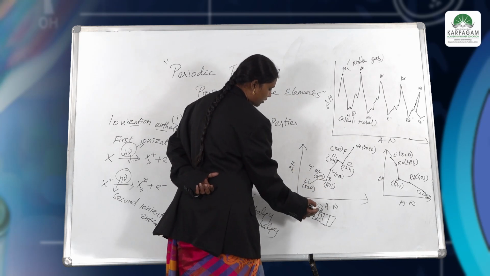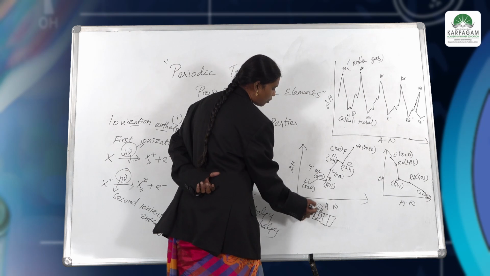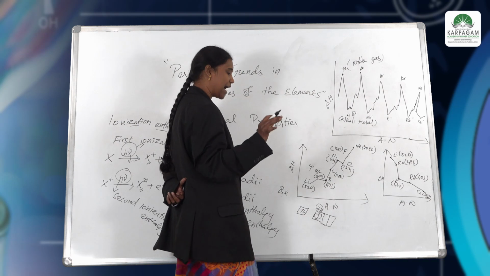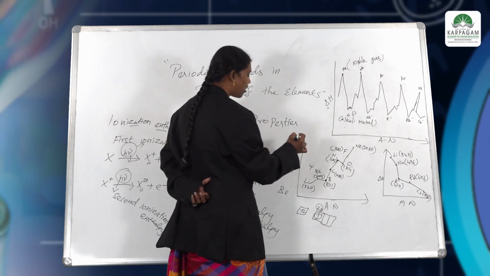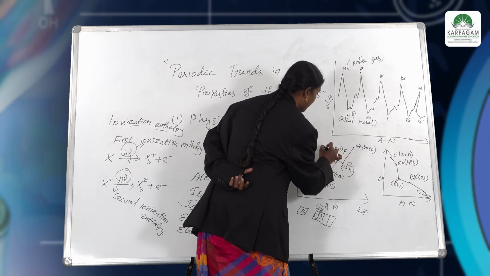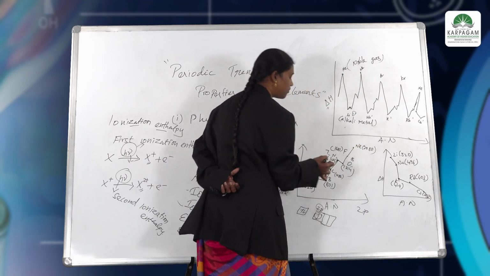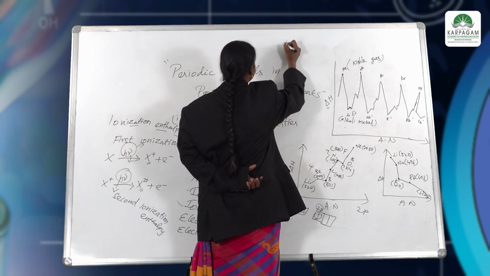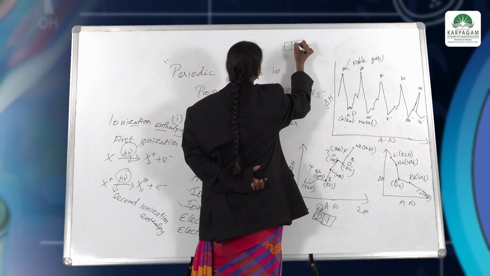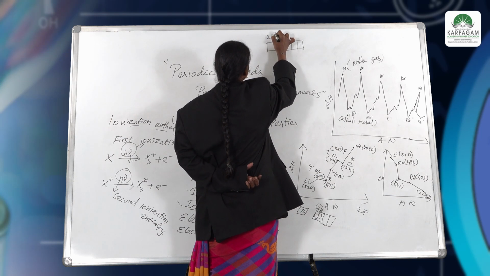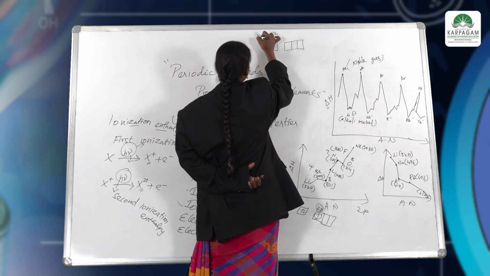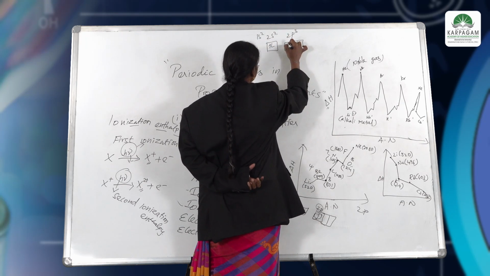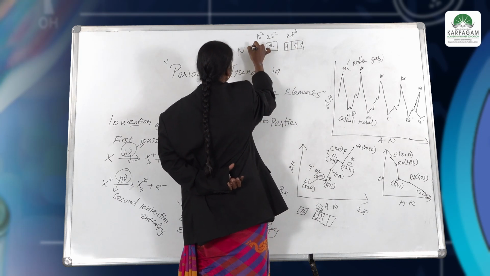So compared to beryllium, boron has lower ionization energy. Likewise, nitrogen and oxygen have the same valence orbital, 2p. Nitrogen has atomic number 7 and oxygen has 8. Nitrogen's configuration is 1s2, 2s2, 2p3.